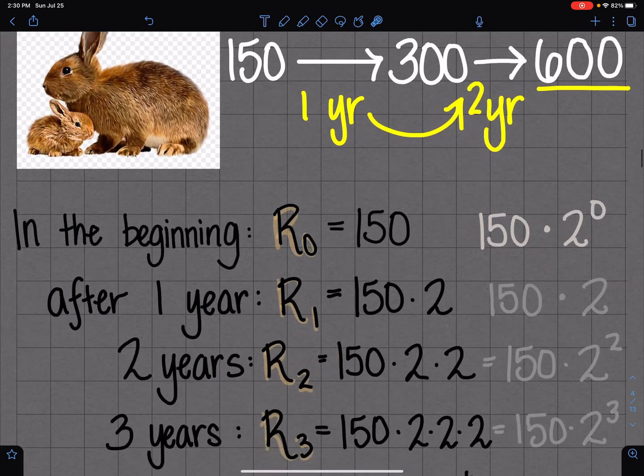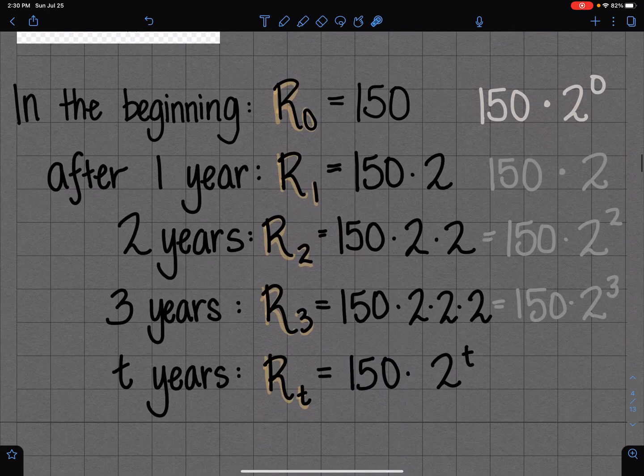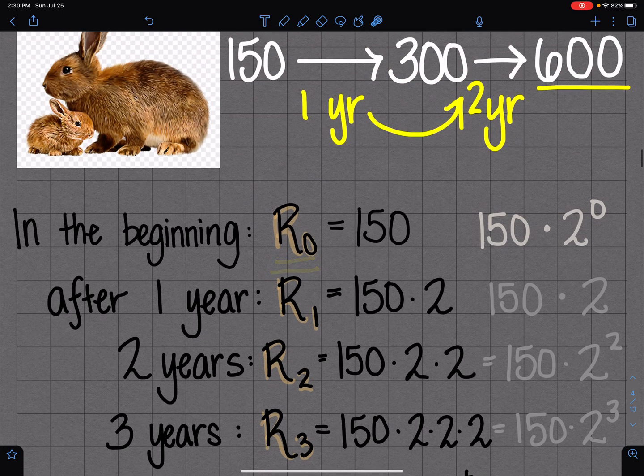Okay, so let's take a look at this a little bit more closely. If you have R0, we're going to use R0 to indicate the number of rabbits in the beginning. So R means rabbits. R after 0 time, because he started with 150, is going to be 150.